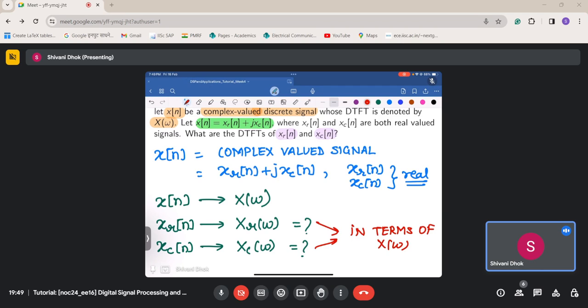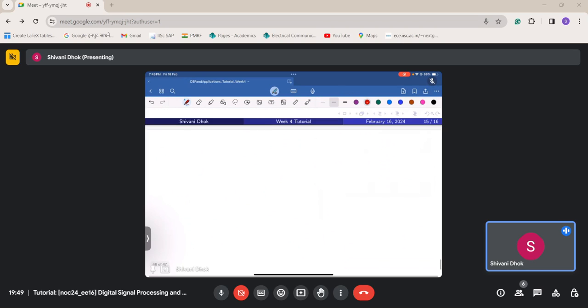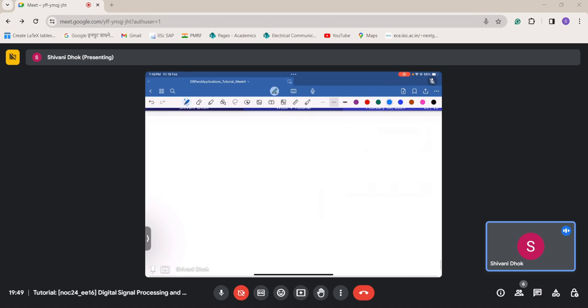So let us try to do that. The only thing that we know here is the relation between x[n] and xr[n] plus j times xc[n].